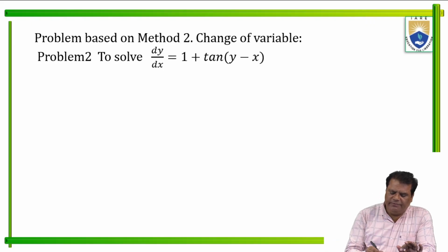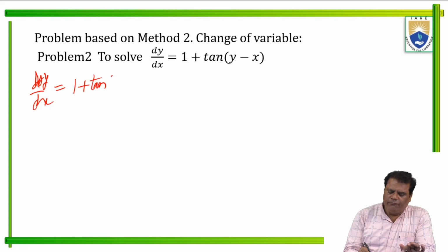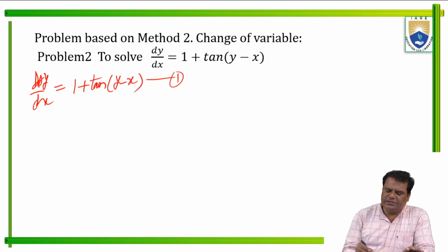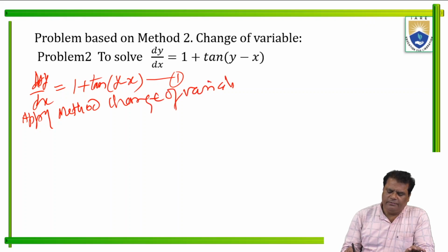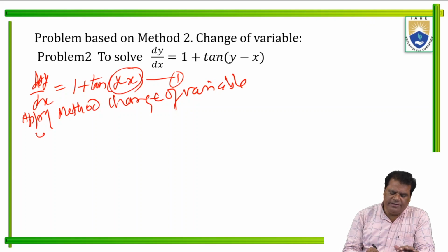So now here dy dx is equal to 1 plus tan of y minus x. This is equation 1. Apply change of variable. Here y minus x is in place of x, so y minus x converts into a single variable t.